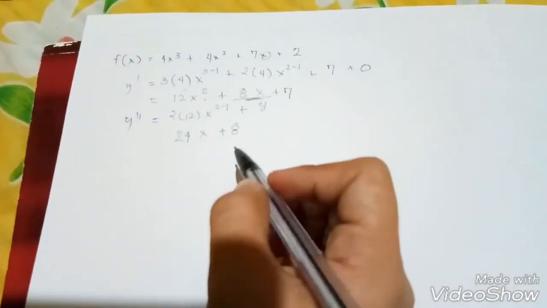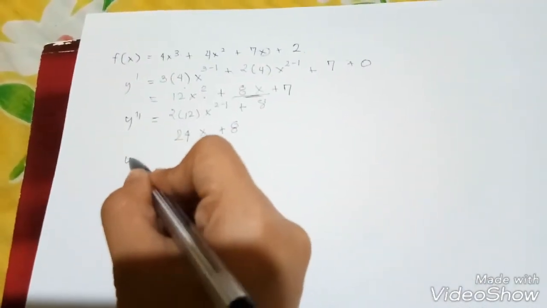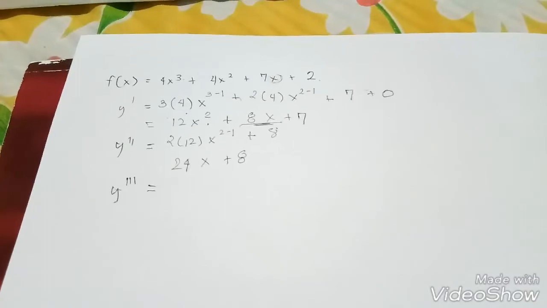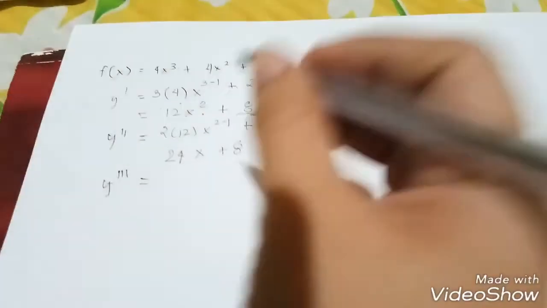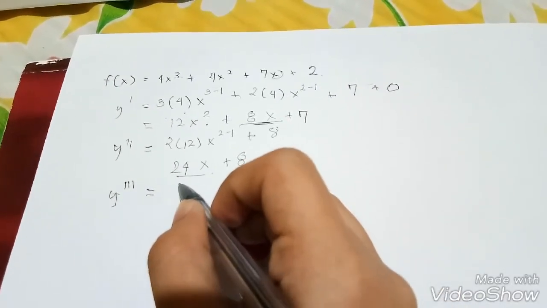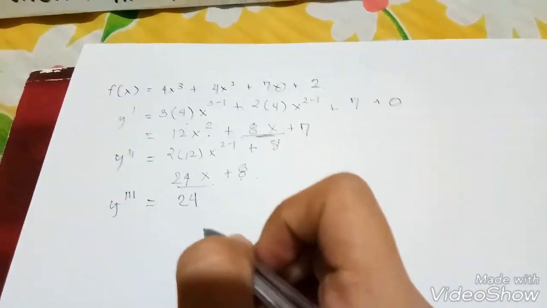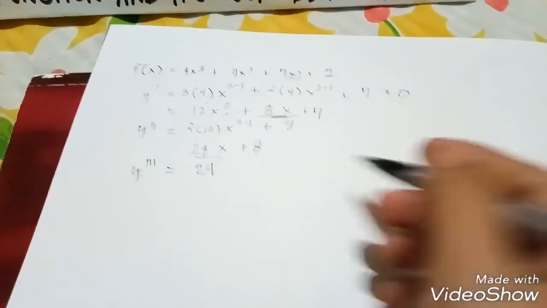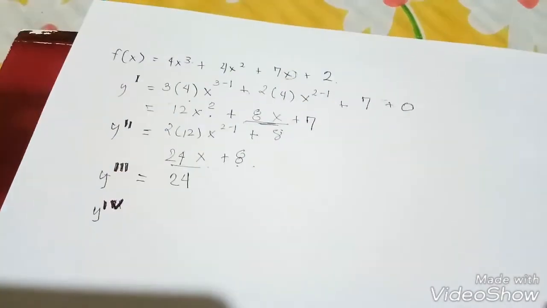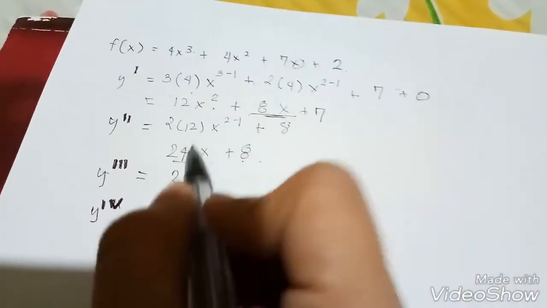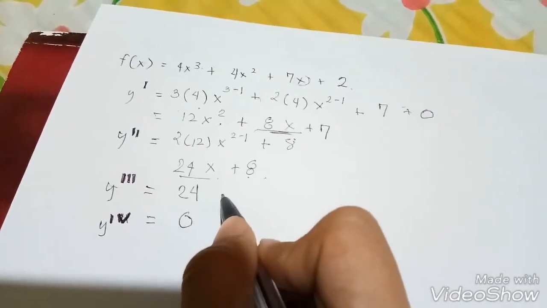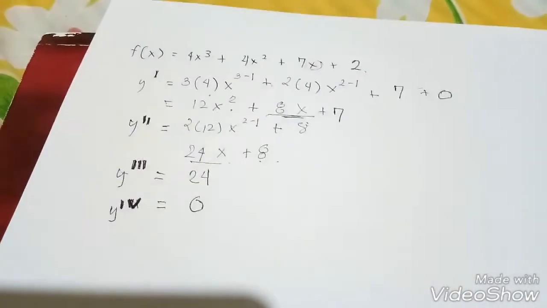That's the second derivative. The third, y prime prime prime is equal to, of course we only have 24x plus 8, so the answer is just 24. So having the fourth derivative, we'll have here 24 is equal to 0, inserting the constant rule. So there you have it.